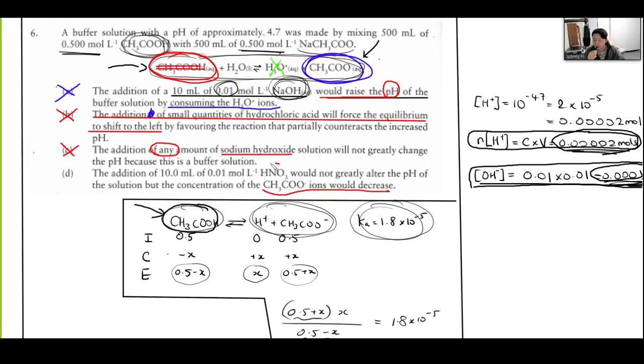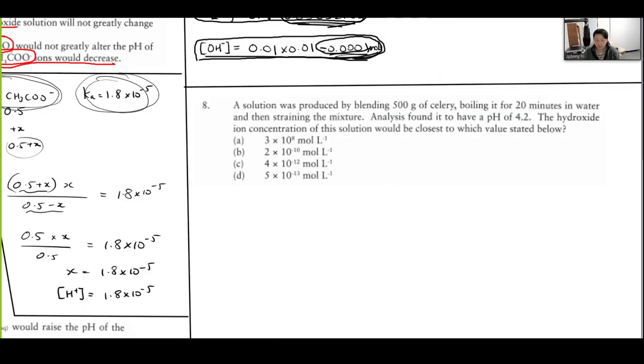That's right, because this acid will react with this conjugate base and will increase the population of this one. It'll decrease the population of this one because this and this will combine to give this. Okay, so D is the correct choice.